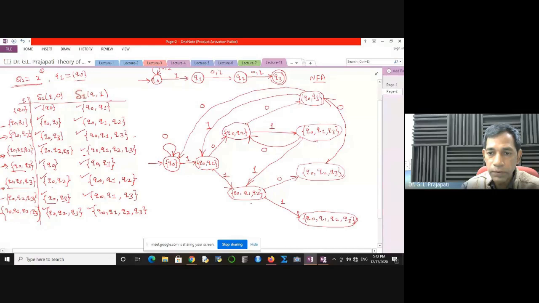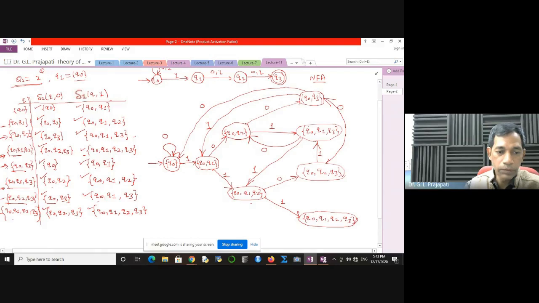So for the case of 1, you are going to this state. So now you have seen the transition. If you are at the state Q0 Q2 Q3, for input 0 you are going to the state Q0 Q3, and for input 1 you are going to the state Q0 Q1 and Q3.